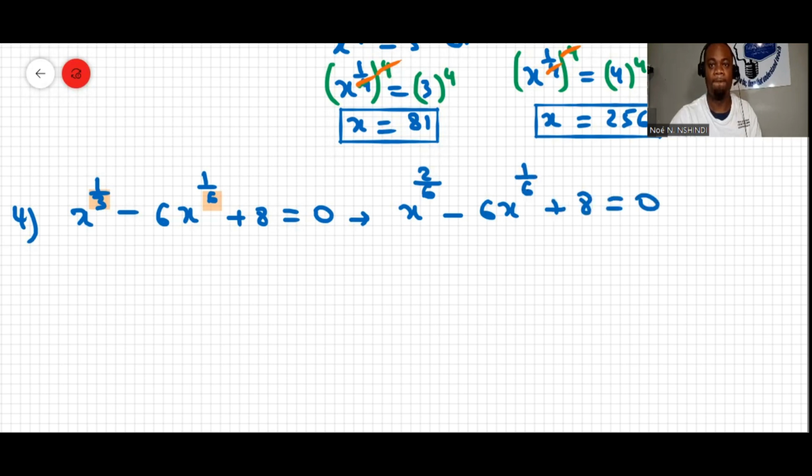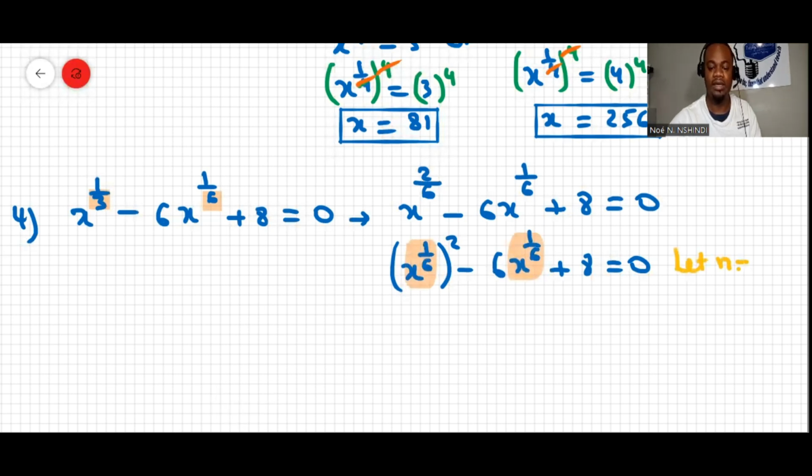Now 2 over 6 here can be written as x to the 1 over 6 to the power of 2, minus 6x to the 1 over 6, plus 8 equal to 0. Now we let n be equal to x to the 1 over 6.